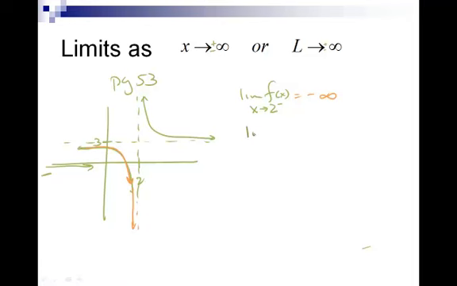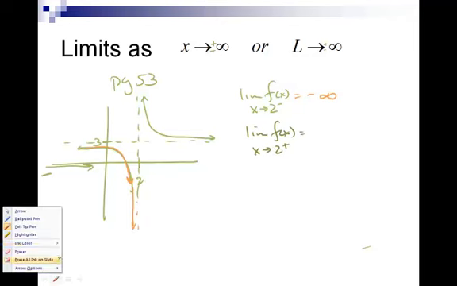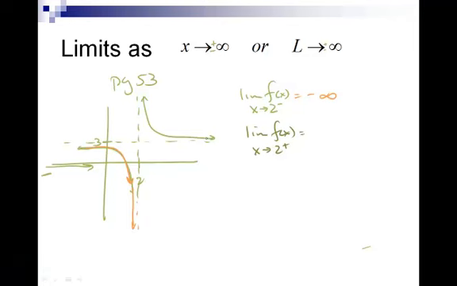Looking at the limit of f of x as x approaches 2 from the right, now we're coming along the graph from the positive side, or from the right, and you can see that what happens as I get closer to 2 is that I approach positive infinity.